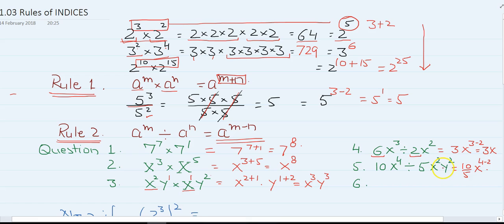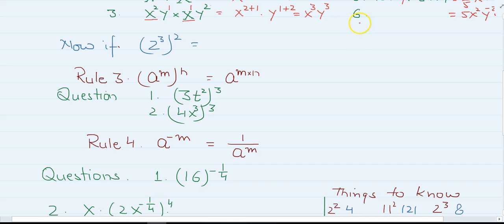And y is to the power, here we have y to the power 0. So the power will be 0 minus 2. So 10 divided by 5 is 5. x squared y to the power 0 minus 2 is minus 2.